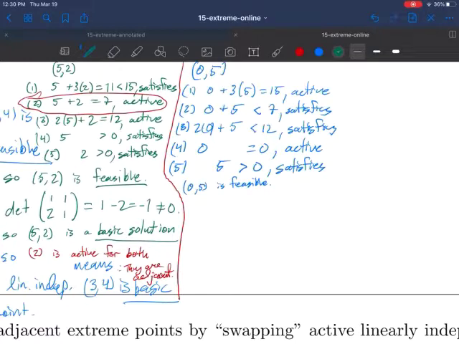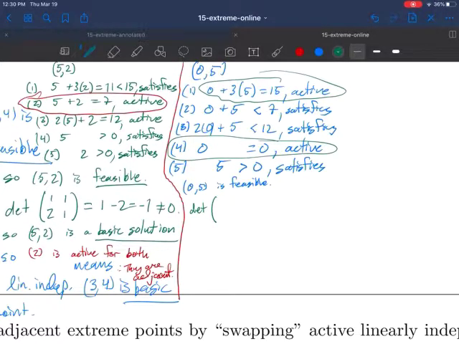Okay. And then I take the constraint matrix of the active constraints, 1 and 4. That's going to be [1, 3; 1, 0]. The determinant there is 0 minus 3, or minus 3, not equal to 0. So (0, 5) is basic.